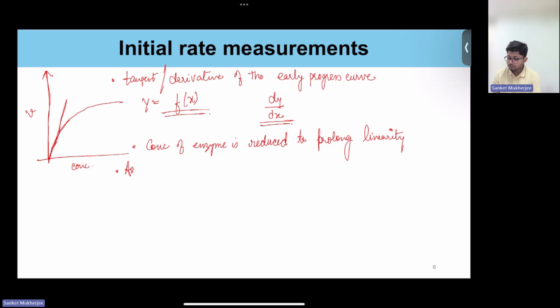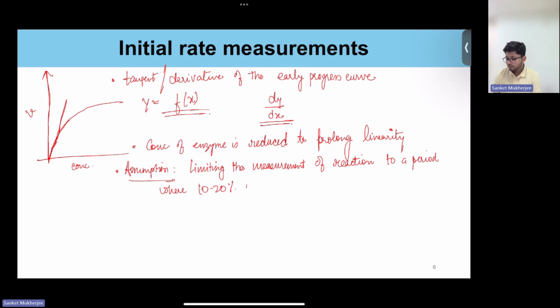Another, we take assumptions, is limiting the measurement of reaction to a period where 10 to 20% of substrate is utilized, right?